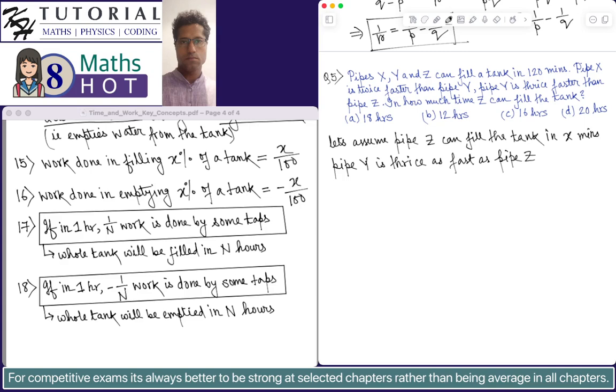This means that definitely pipe Y will fill the tank in a shorter time than the time taken by pipe Z. More specifically, pipe Y will take 1/3 the time taken by pipe Z to fill the tank.